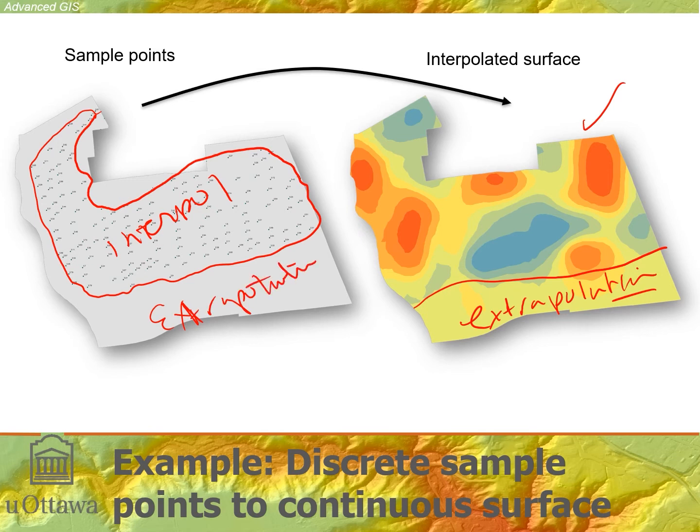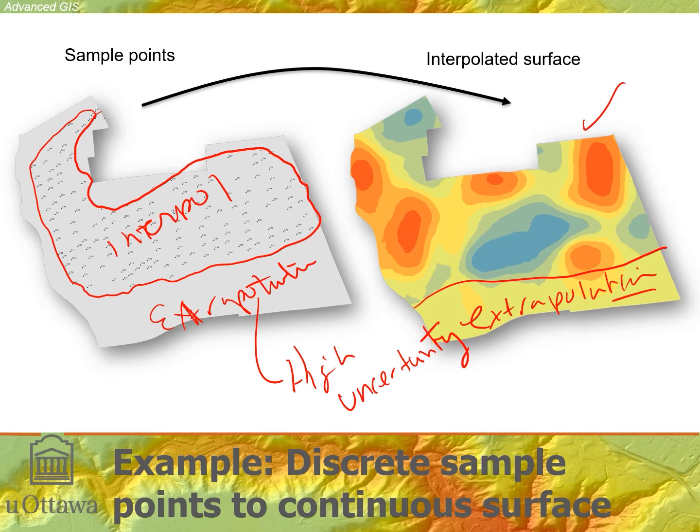And any extrapolation will have low or high uncertainty. Whereas within the interpolation area, you'll have more accuracy, let's say. Now, it's not completely true. It depends on where you are in the interpolation area.